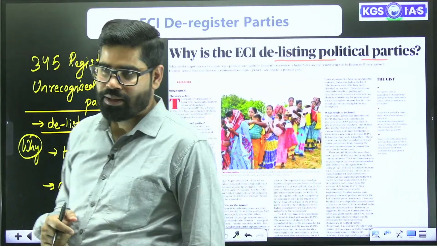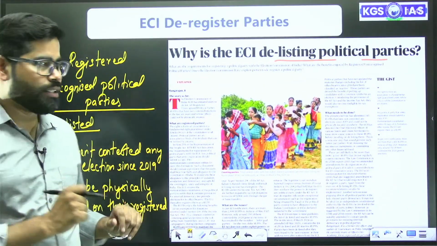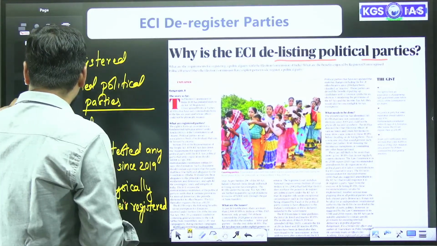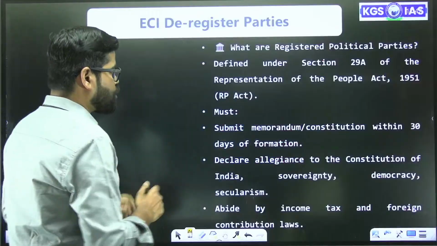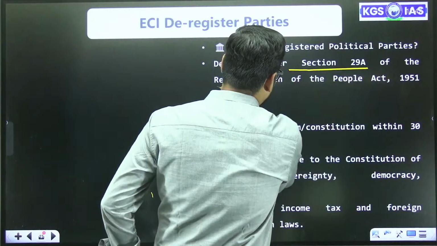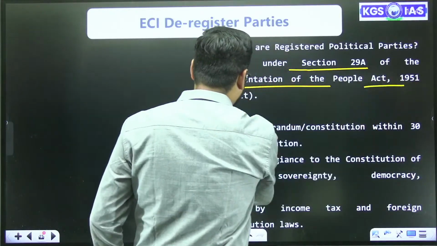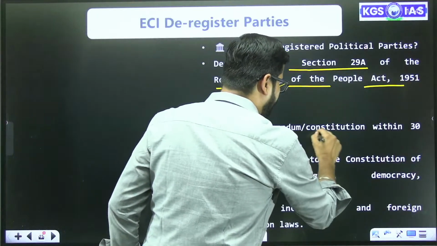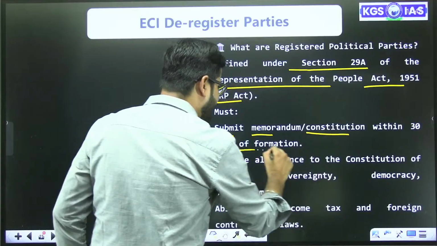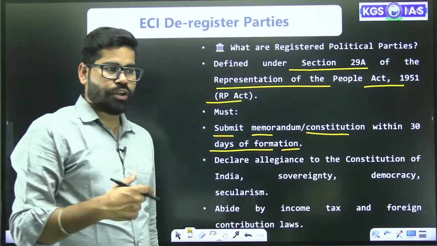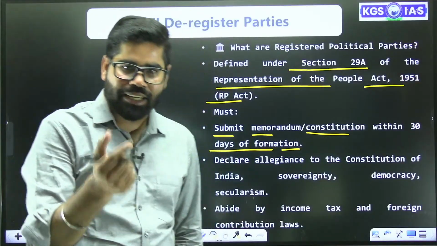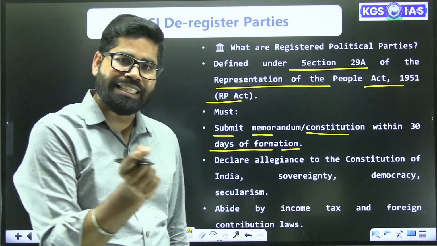Okay. So there is a rule. The rule simply says that under section 29 of the Representation of the People Act 1951, they have to submit a memorandum or constitution within 30 days of formation. If anyone is making a political party, they have to give their memorandum or constitution within 30 days.